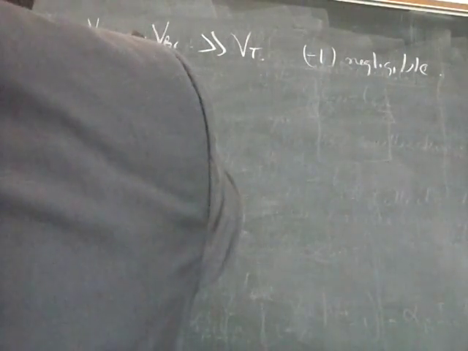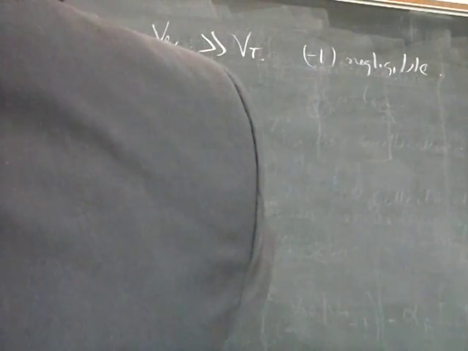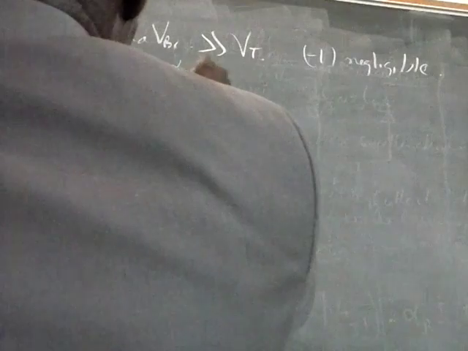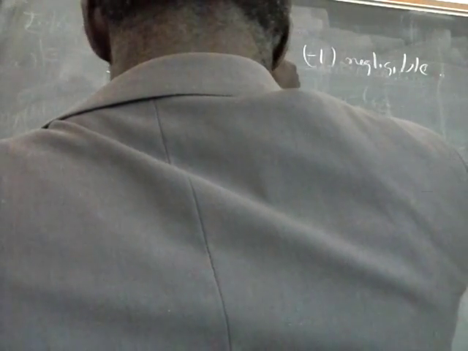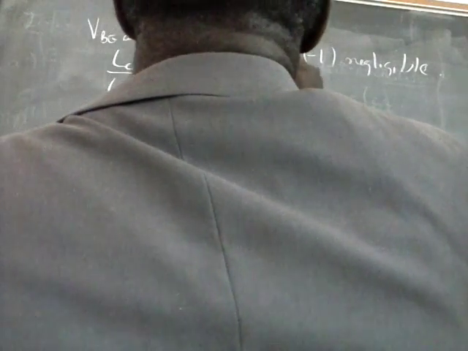Then if we divide I collector by the I base, what we'll get is alpha forward times the diode saturation current IEO times E to the voltage base-emitter over VT.